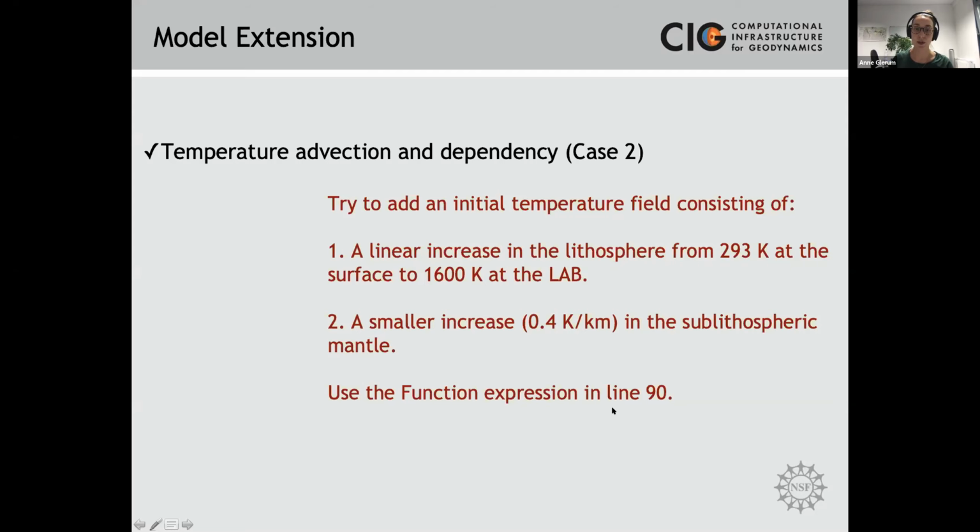And you could do that using the function expression in line 90 of your parameter file. And I have one way to do that listed in the next slide that you could look up, but I will not put it on the screen right now, just to not give you a spoiler.